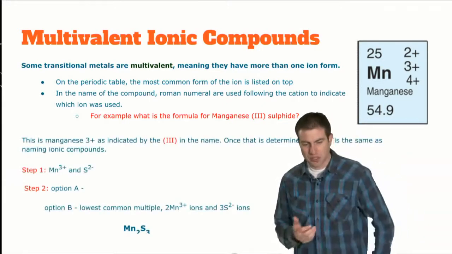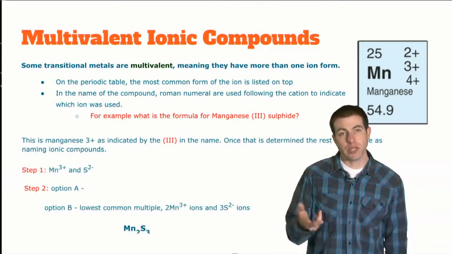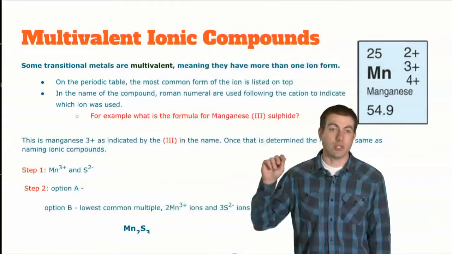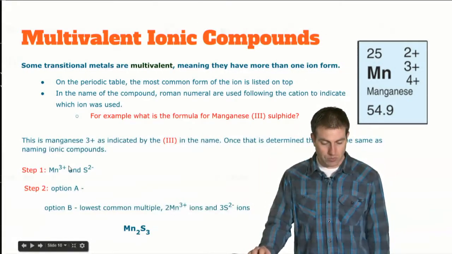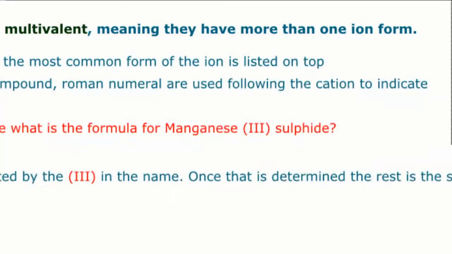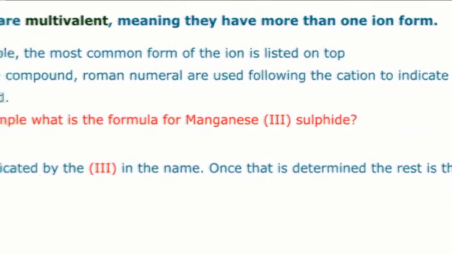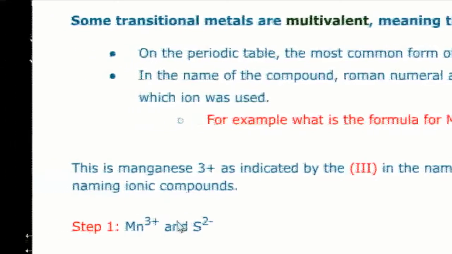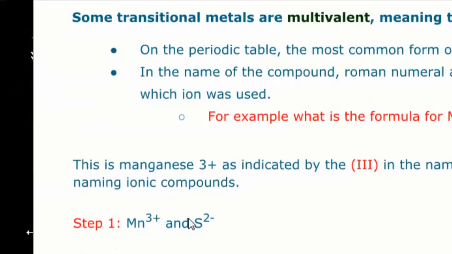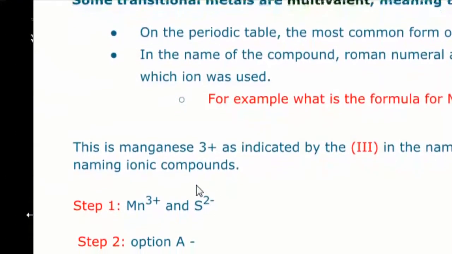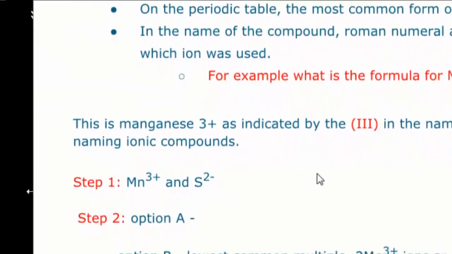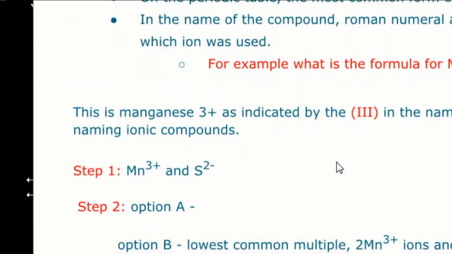All right, so manganese 3 sulfide. Manganese with a 3 next to it means manganese with a charge of +3. So when I write the symbol, manganese is Mn, and then I put the little +3 next to it. And then sulfur is always -2. So I don't have to worry about different charges for the sulfur. So that's how we get that started.